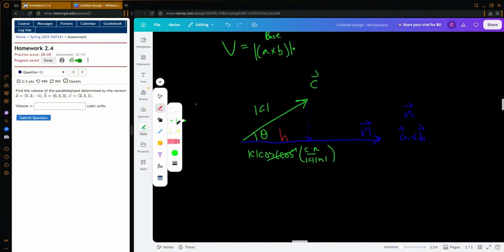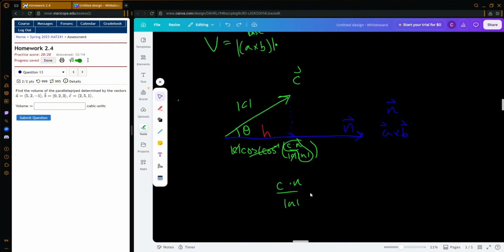The magnitudes of C cancel, so the length of this projection vector is what remains: C dot n over the magnitude of n.